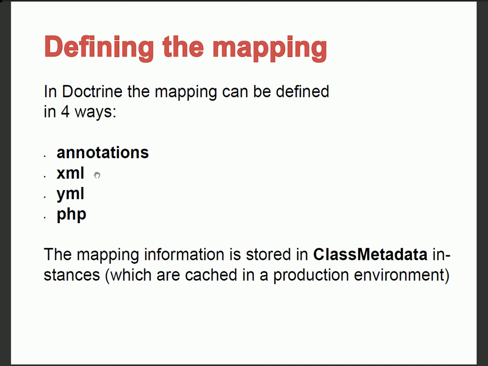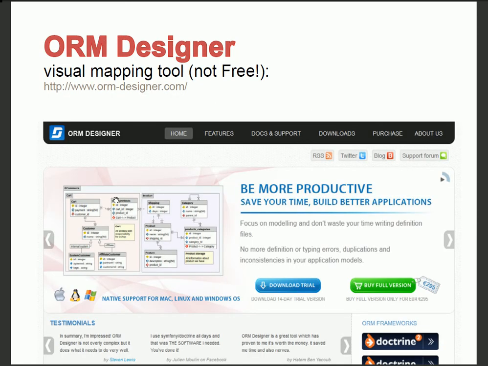You can also input it in an XML file, in a YAML file, even in plain PHP. YAML is kind of the successor of XML, and it's from the Symfony people. But you can easily use it, of course. With Composer you can use anything. For the mapping I use a visual mapping tool, but it's not free, not at all.